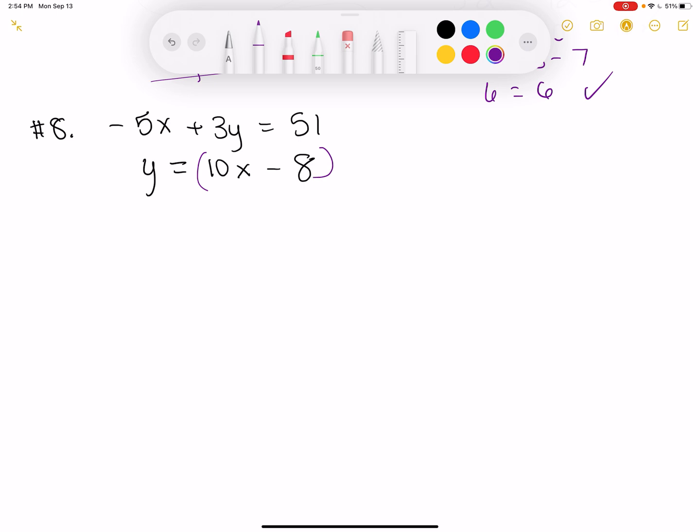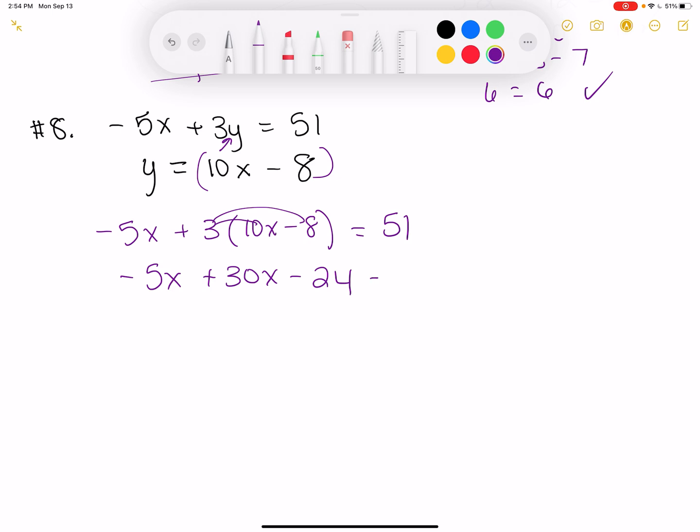This stuff here is getting plugged in for y in the top equation. So negative 5x plus 3 times 10x minus 8 is equal to 51. Okay, so I need to distribute this. So negative 5x plus 30x minus 24 is equal to 51.